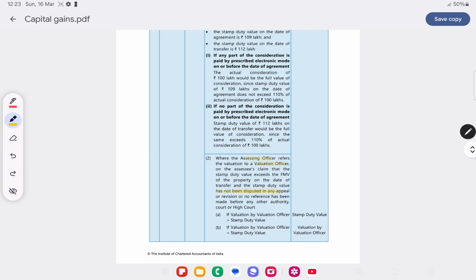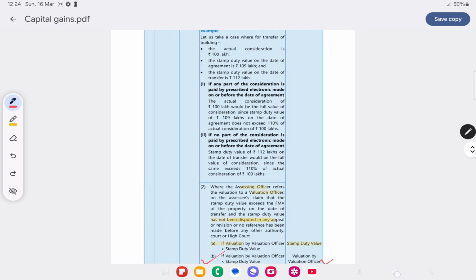See, if the valuation by the valuation officer is greater than stamp duty value, then in that case stamp duty value itself will come. If the valuation by the valuation officer is less than stamp duty value, then what the assessee has told is correct. Stamp duty value should have been lower, and the valuation by the valuation officer will be taken.